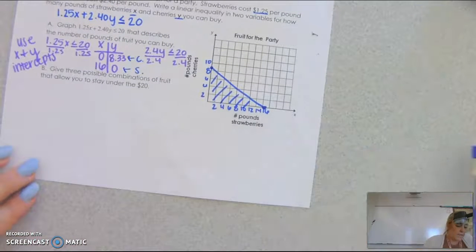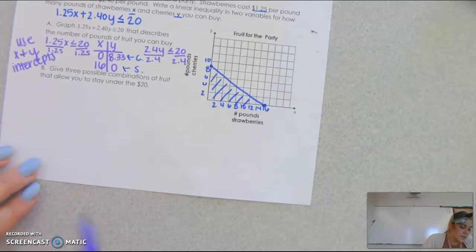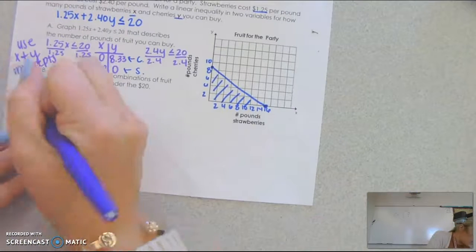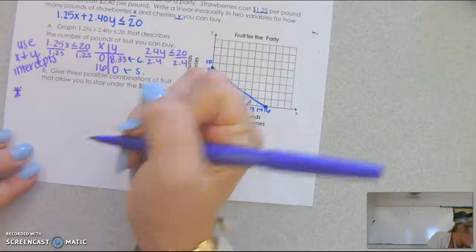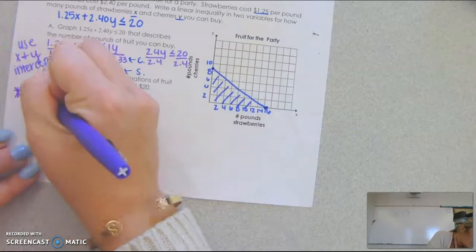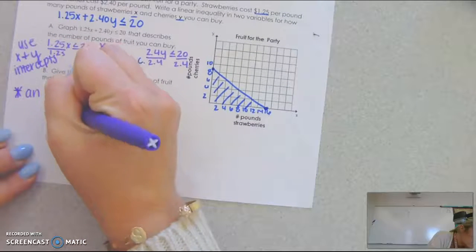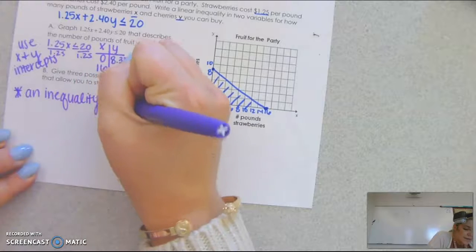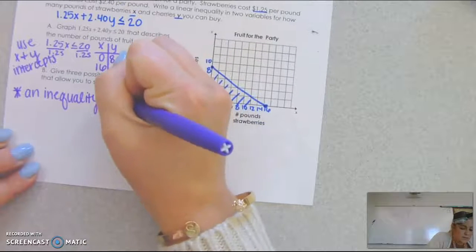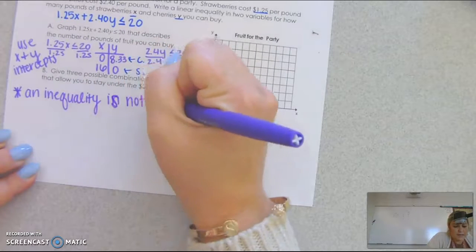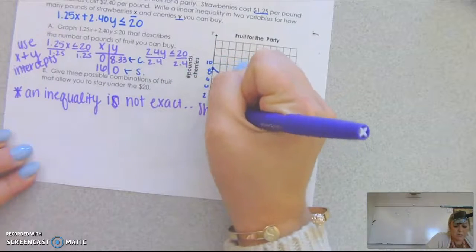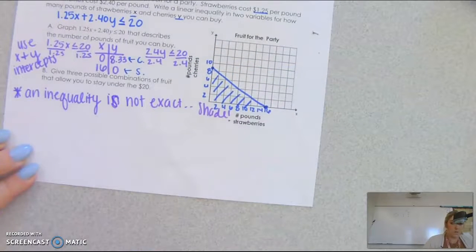All right, let's look at B. So B says, give 3 possible combinations of fruit that allow you to stay under $20. Well, what's important to remember is an inequality is not exact, which is why we shade.